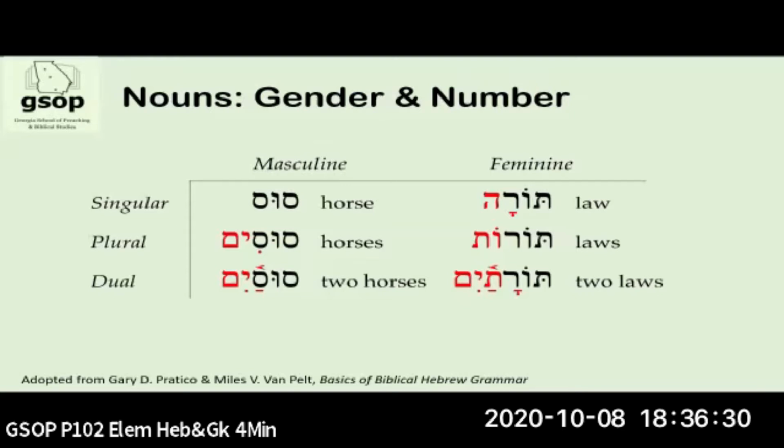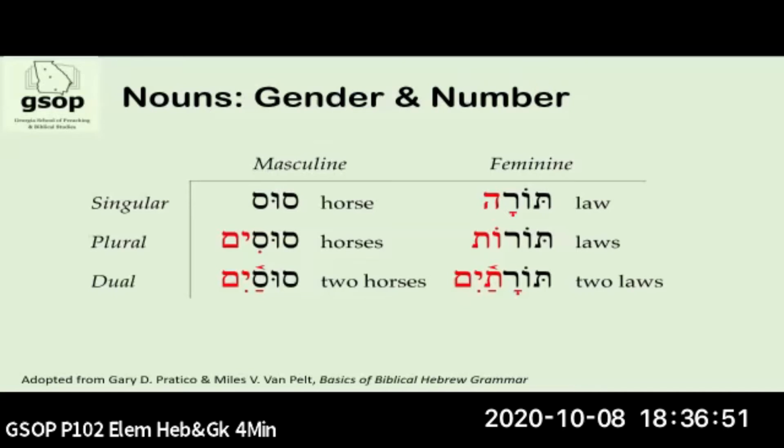So that is torot. To make it dual, look what we did. It's got the exact same ending for the masculine and feminine with the diphthong. The only difference is the vowel preceding it now has a kametz added.